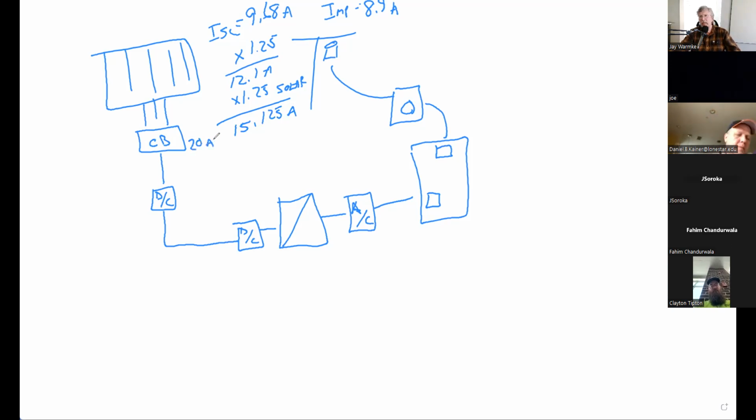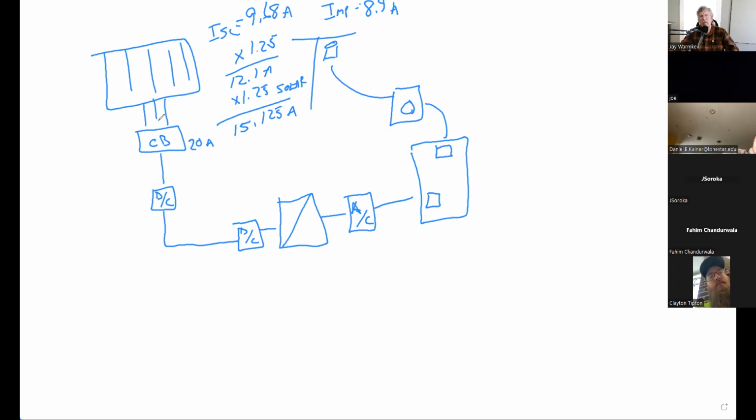You round up to the next commercially available sized breaker. In theory, we could go with a 15 amp because we've got a lot of fudge factor in here. The only problem we would run into is you might get some nuisance tripping, where it might trip when it's functioning properly. But the code inspector should not approve a 15 amp breaker because that's not what the code says. So we'd have to go to a 20 amp breaker.